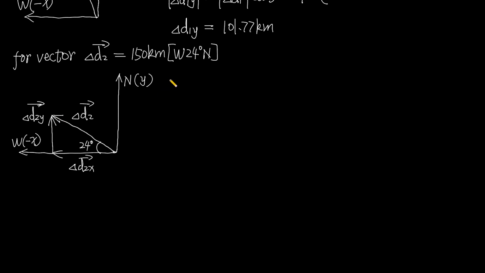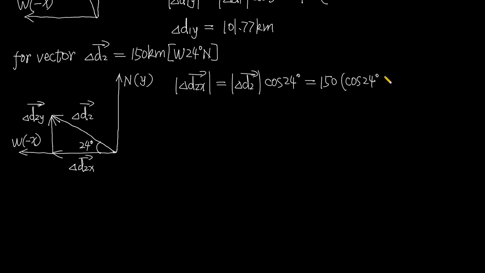And from the graph, we can know that the magnitude of delta d2x just equals the magnitude of delta d2 multiply cosine 24 degrees, and this equals 150 multiply cosine 24 degrees, and this equals 137.03 kilometers.